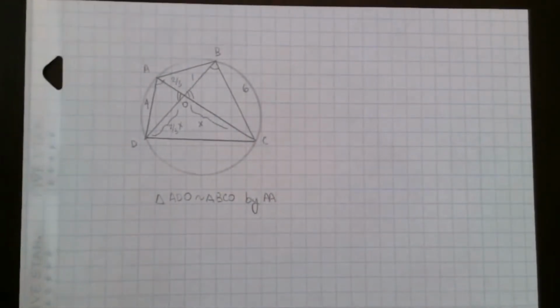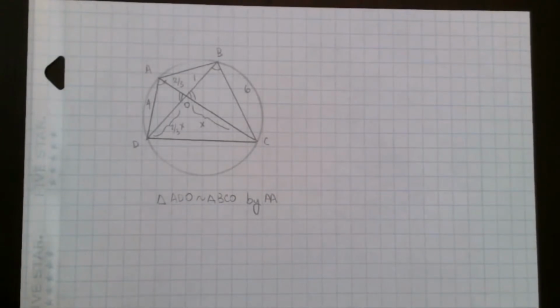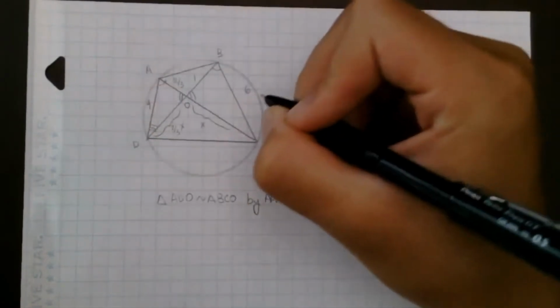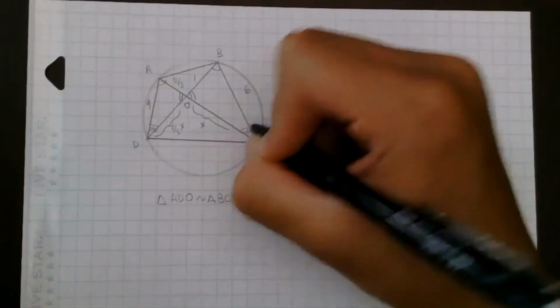Now we want to use the fact that we know the ratio of the areas of ABD and ABC. And since this is a circle, angle ADB is congruent to angle ACB.